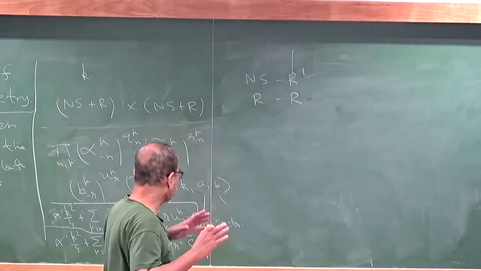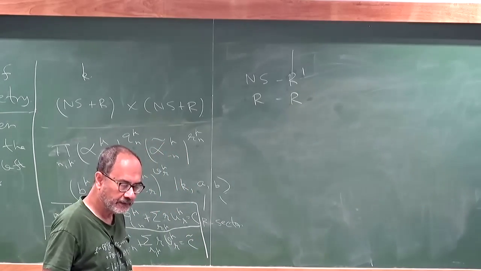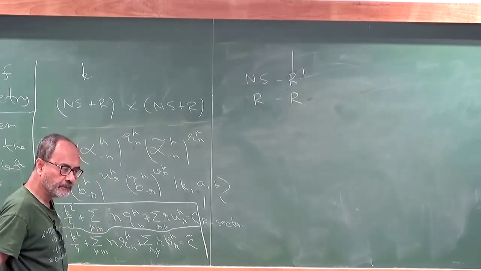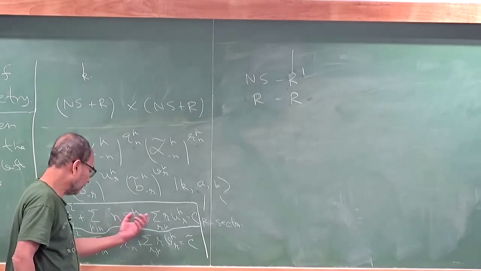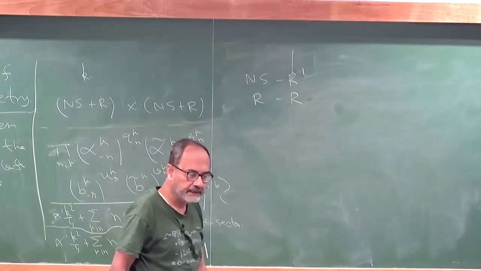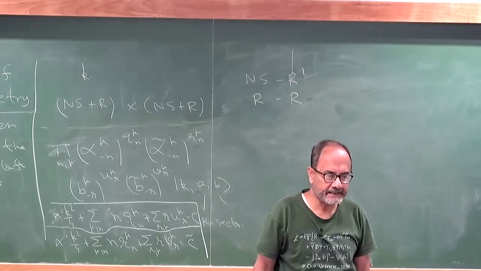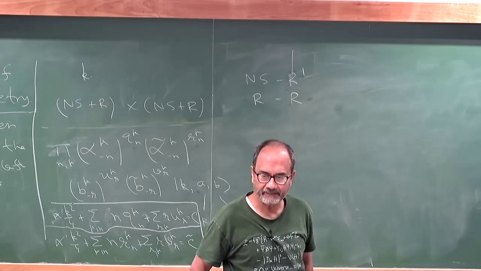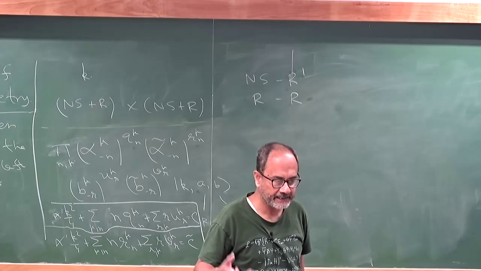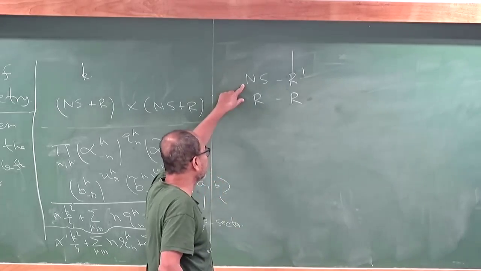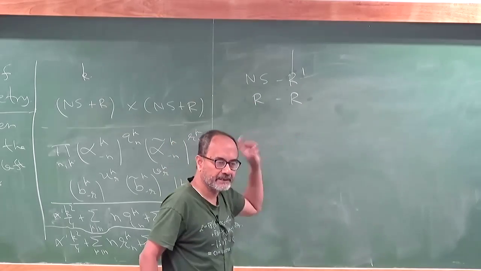Fix a k, and now look at solutions to this equation for any particular values of these. The total number of fermionic and bosonic states, the total number of spinor-like states and vector-like states, will match, which means the total number of states in NSR is equal to the total number of states in RR.